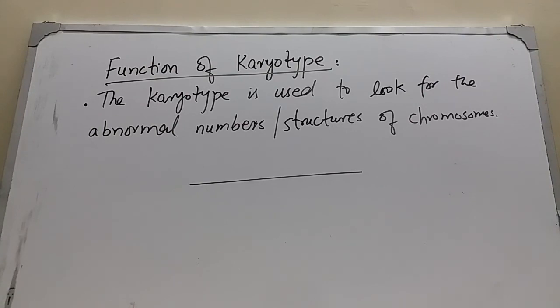So to know about chromosomal aberrations or genetic defects in the individual, or to know about inborn errors of metabolism in offspring, in newborn babies. So that's why a karyotype is done.